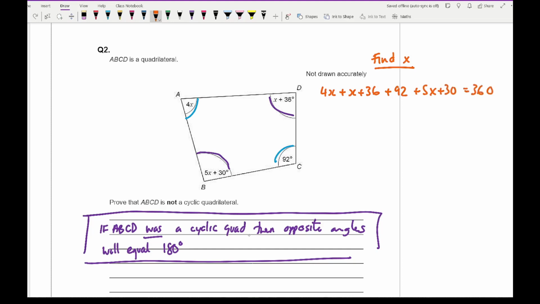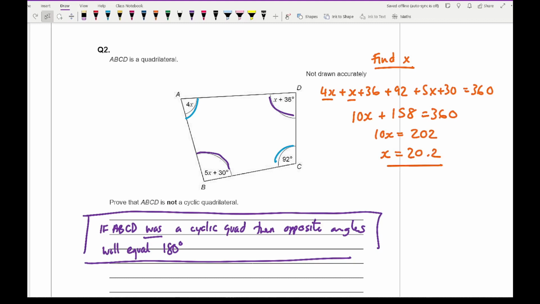Neatening this up, I've got 10x plus, and 36 plus 30 plus 92 equals 158. That equals 360, so 10x equals 360 minus 158, which is 202. So x equals 20.2.